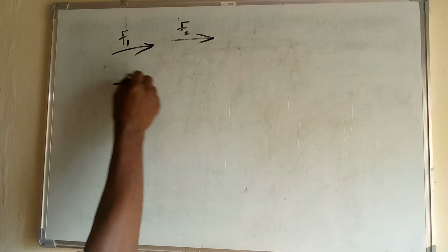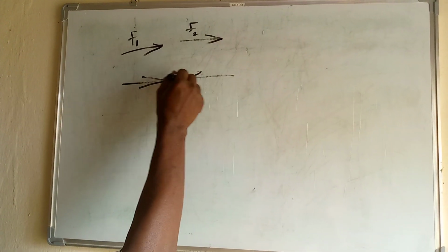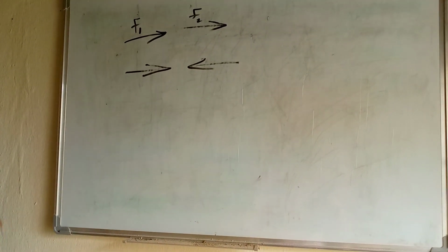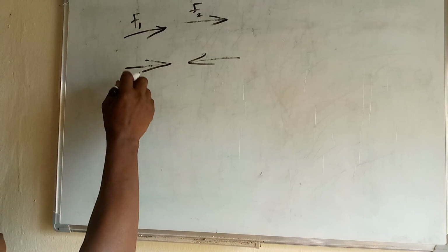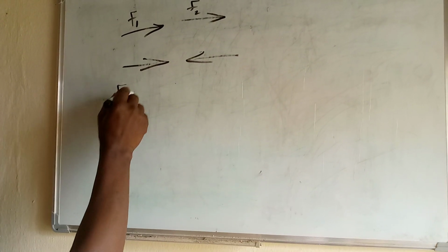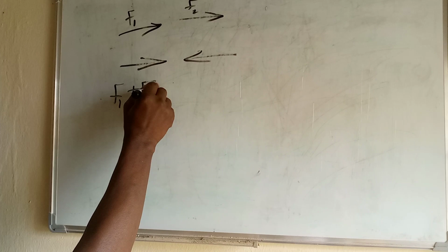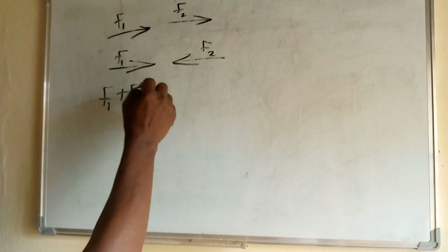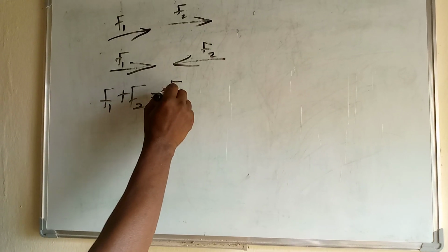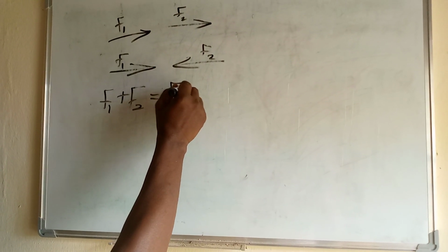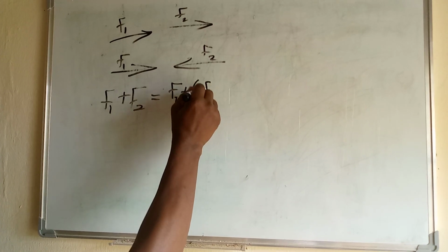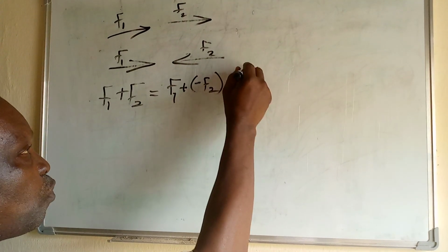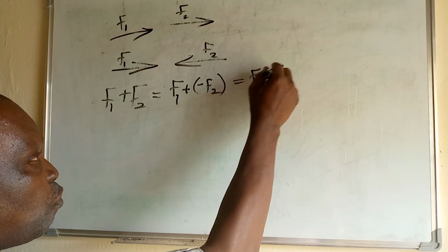If one is moving in a given direction and the other one is opposite to it, the final effect of the two forces will be force 1 plus, then minus force 2, because they are not in the same direction. And that eventually becomes force 1 minus force 2.